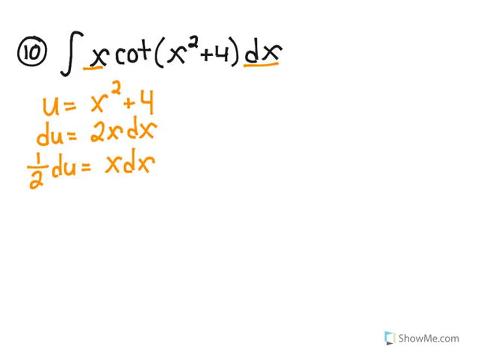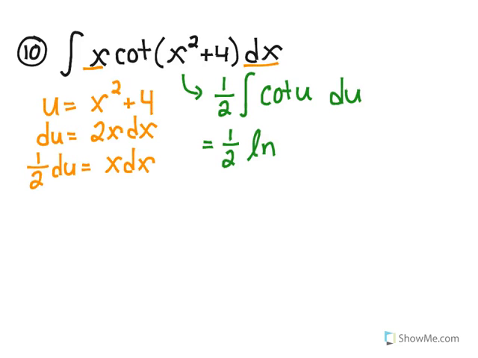All right. So the rewrite for this guy, we'll have a 1/2 and a du. The x and the dx are now gone, and I'm going to be left with cotangent of u. So the rule for cotangent comes out to be, we keep the 1/2, antiderivative of cotangent is natural log absolute value of sine u plus c.